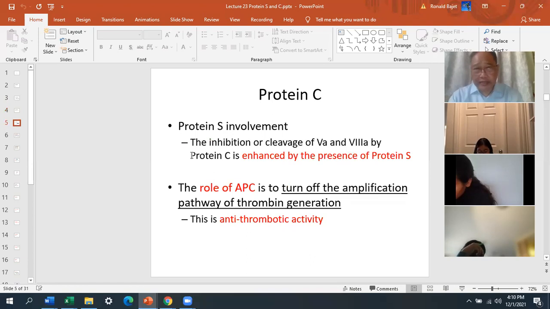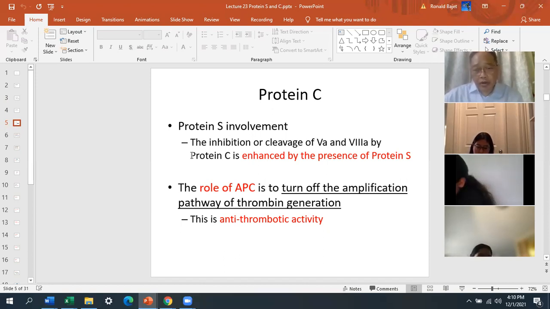Protein S, because protein C and protein S go hand in hand, the inhibition or cleavage of 5A and 8A by protein C is enhanced by the presence of protein S. So protein S basically is a cofactor. It just helps out, and it piggybacks on top of protein C. And protein S will cleave the 5A, and I'll show that to you in an illustration later on.